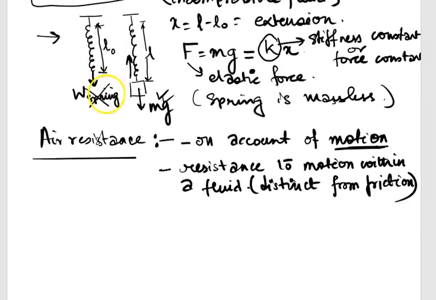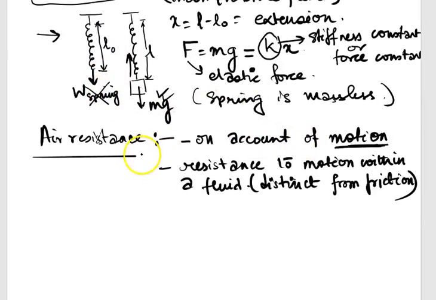All right, so it's an account of motion, and it's a resistance to motion within a fluid, which distinguishes it from friction, which is resistance to motion of one surface over another, right? And it affects the system because of two factors.